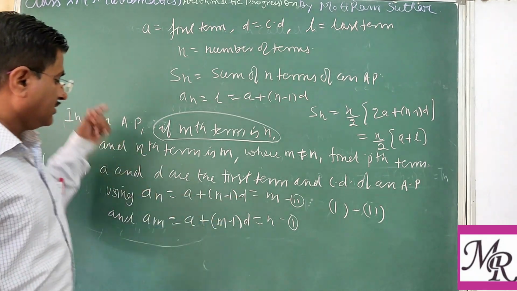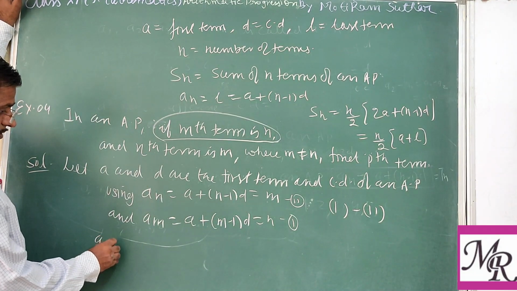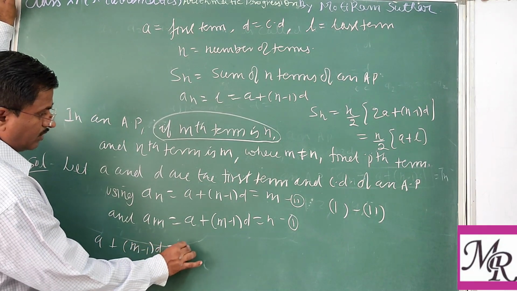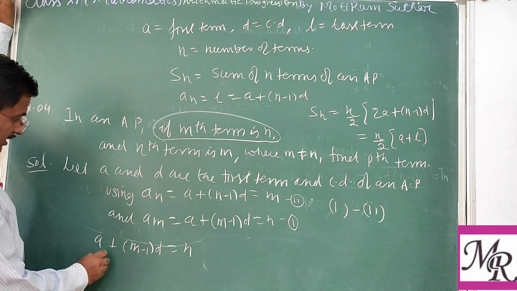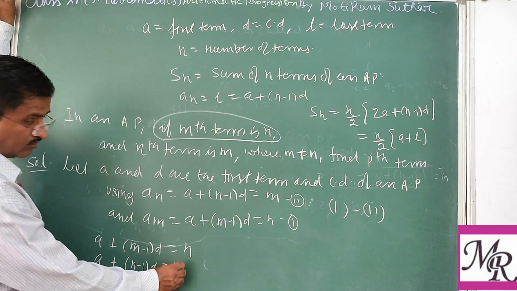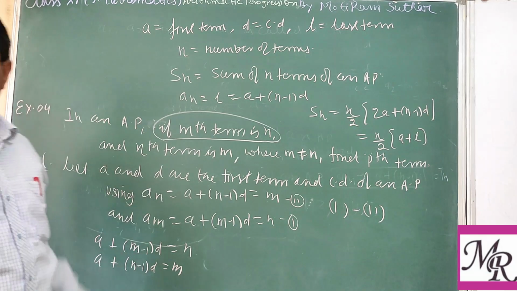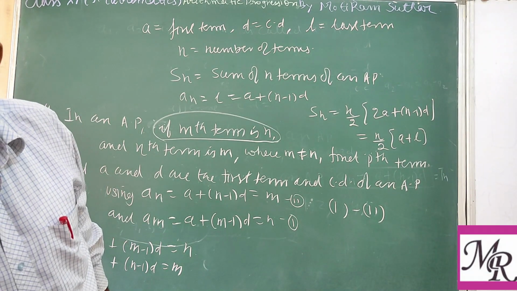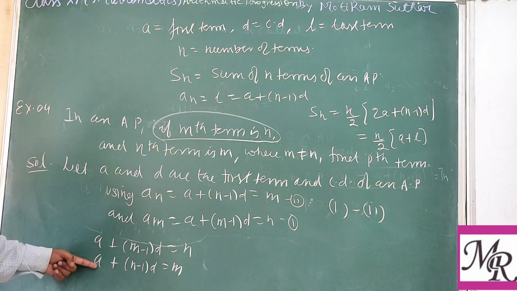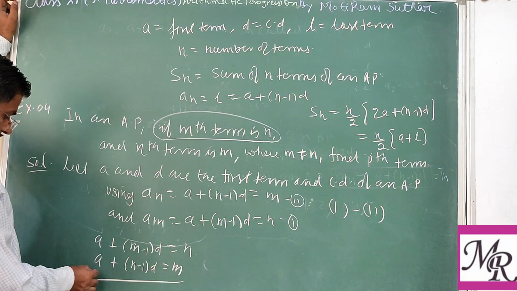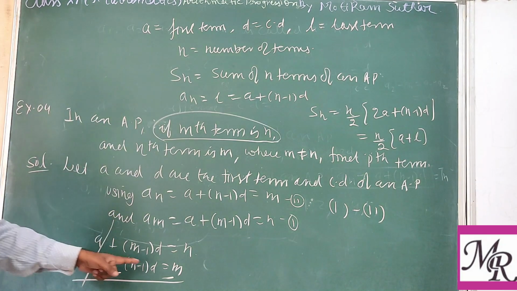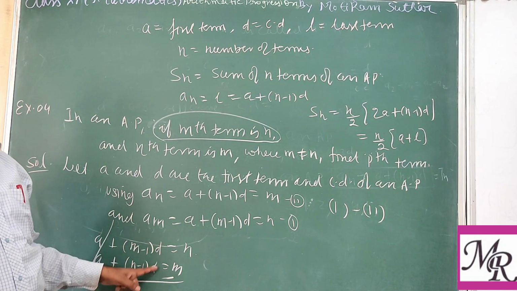So subtract: a plus m minus 1 into d equal to n. This is the first. Second, a plus n minus 1 into d equal to m. Clear? So when you subtract left side and right side, a minus a, we change the sign, minus minus, a cancels with minus a. Here you take d common.